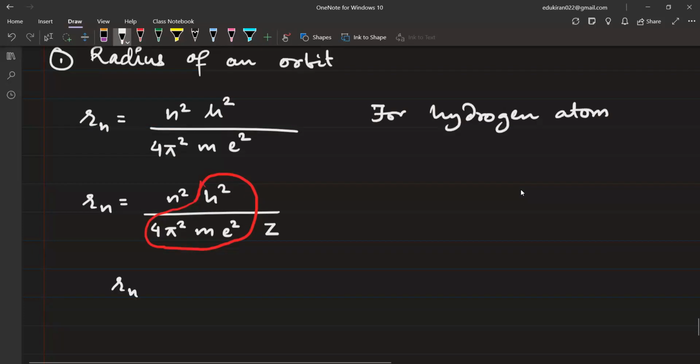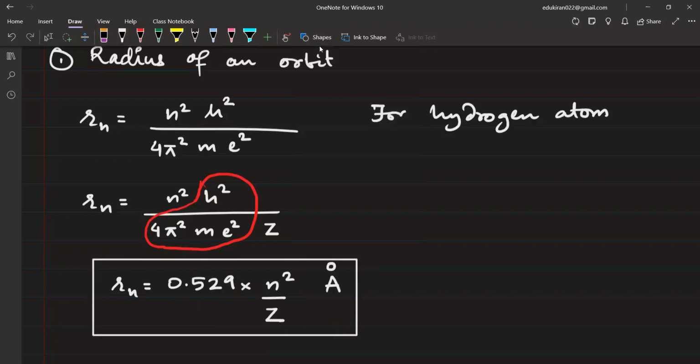what you have to remember, is equal to 0.529 multiplied by n square divided by Z angstrom, and here you are going to get the radius of the orbit in angstrom. Okay, now this is the formula that you have to remember. Fine.